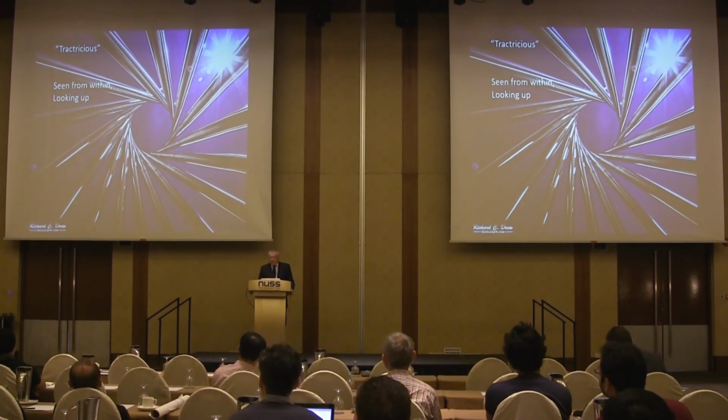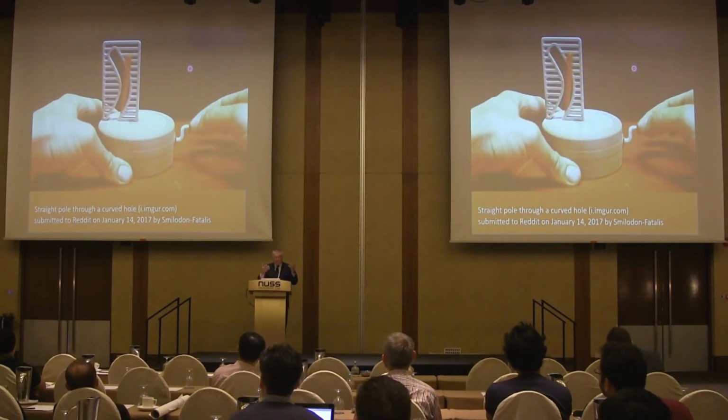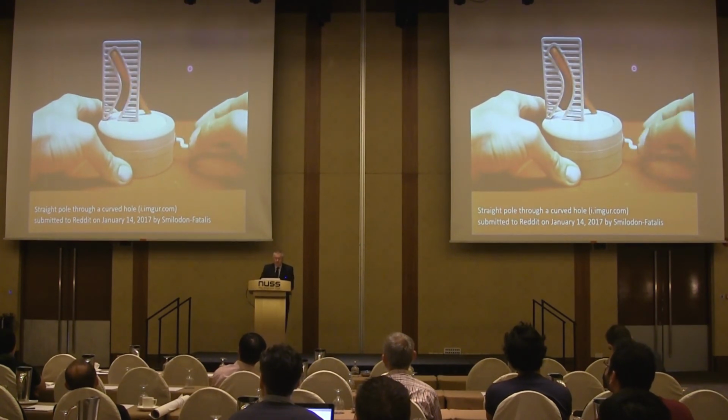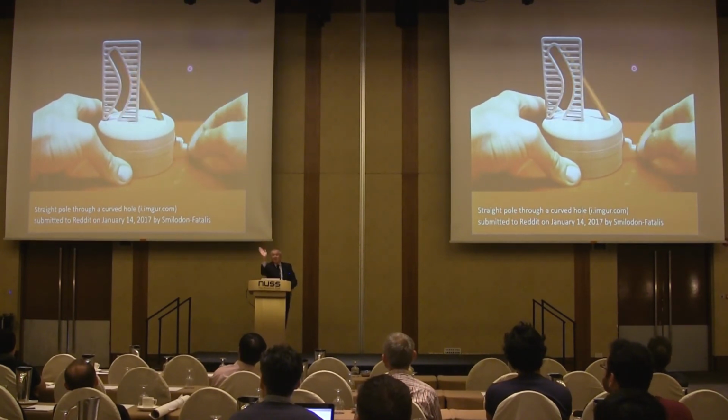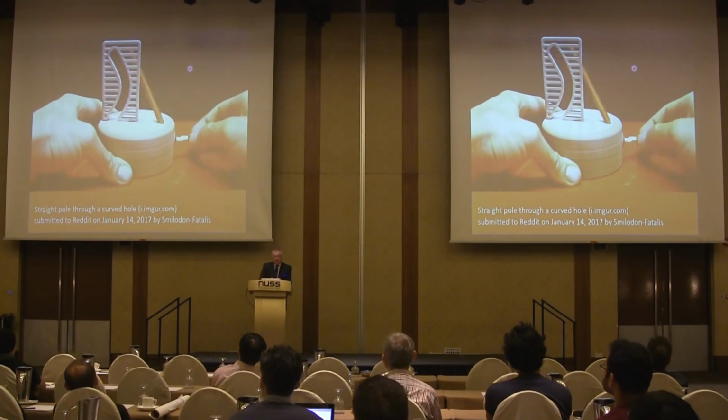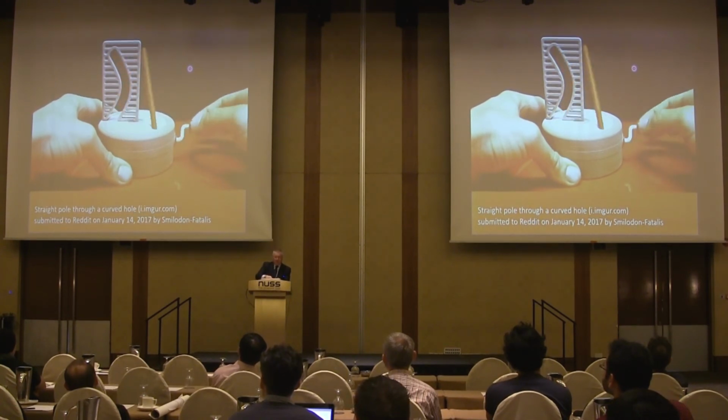And then earlier this year on Reddit, there was a big hit showing a moving version of that type of representation, where you have a rectilinear trajectory, but when you rotate it around, you see it goes through this curved hole, and so you imagine something moving along this line would be executing a spiral motion.